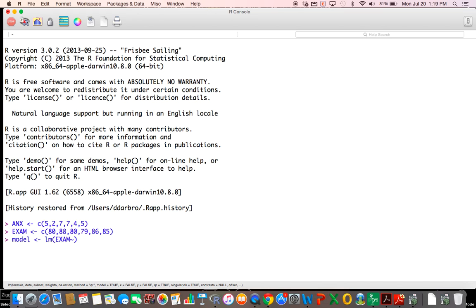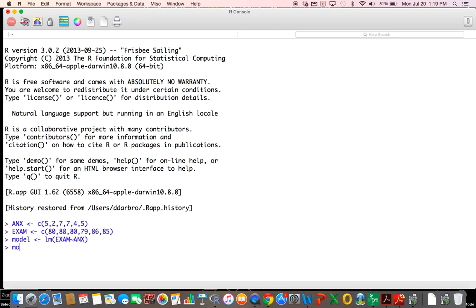It's a squiggly looking line, and I want that to be a function of my X. So you have to put your Y first and then your X second, whatever you've named those. Hit enter. Nothing will happen if you did it correctly. If anything went wrong, it'll give you a red warning or error.